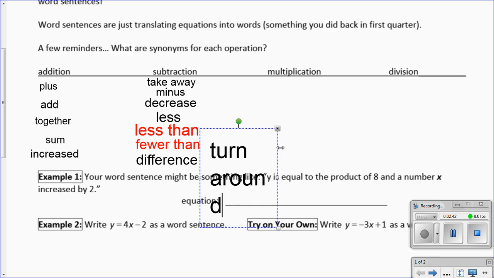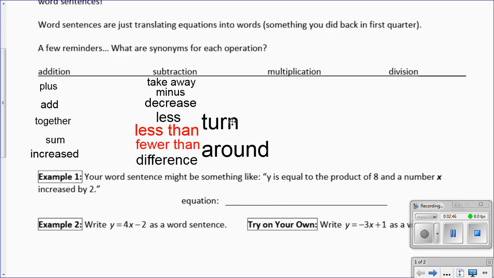And what that means is that you need to flip it around, like change the order that it's given to you. So 4 less than 6, 4 came first, but it goes in the back of the math. And 4 fewer than 6, 4 still goes in the back. But if I said 4 minus 6, that's just written how it's said. Okay? So we'll practice this, don't worry.